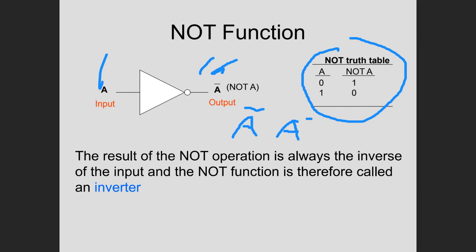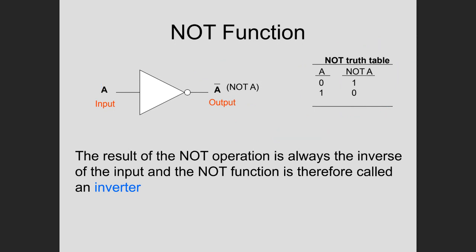So you call this A NOT, or NOT A, or A prime. This is just a variable that's been inverted. Here in the truth table, it shows you that if the value of A is a 0, then when it goes to the inverter, the signal is going to change to the opposite state. That's what the inverter does.